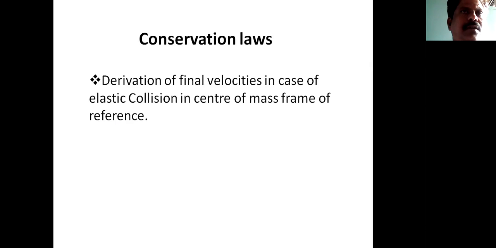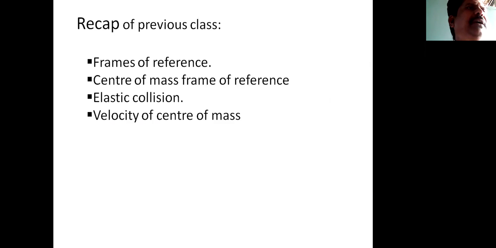Okay. So as I said in my last class, we know what frames of reference and center of mass frame of reference are. If the inertial frame of reference is fixed with the center of mass of an isolated system, then the center of mass is at rest with respect to this frame.